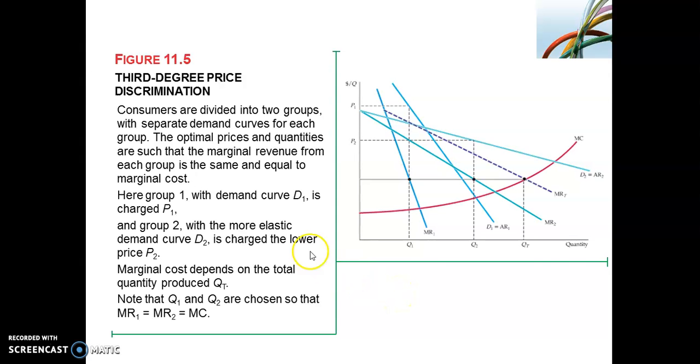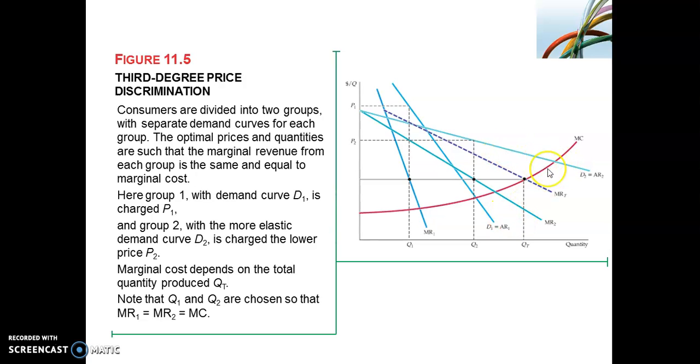So consumers are divided into two groups with separate demand curves. And we saw that here we had a steeper demand curve, and this is the corresponding marginal revenue curve for this demand curve. And then here we have a more elastic demand curve, and this marginal revenue curve corresponds to this demand curve.